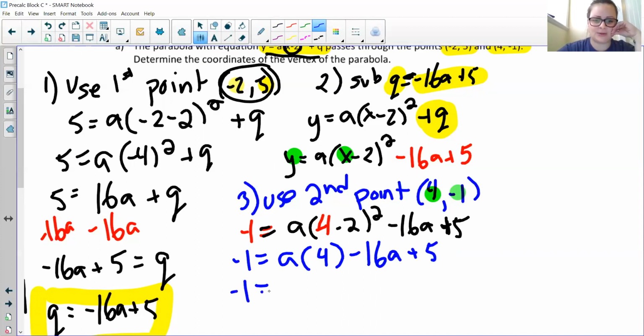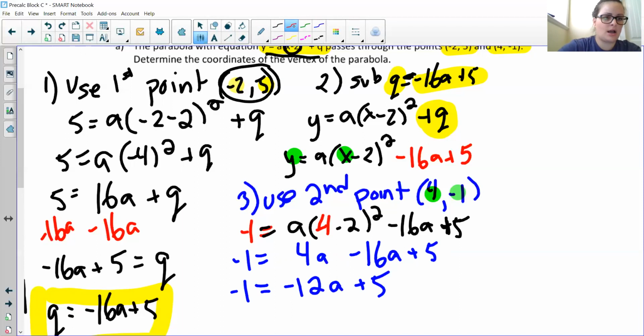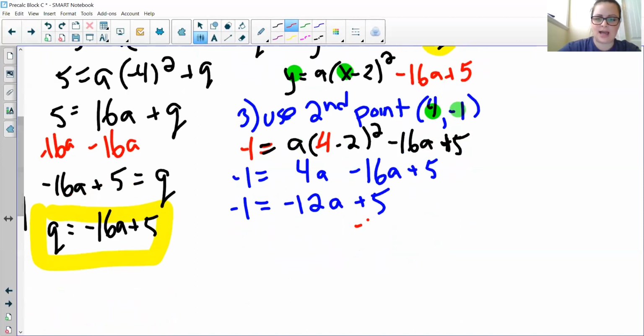So negative 1 equals, we have 4a, so I could have rewritten this as 4a, and I'm subtracting 16a, so I have a total of negative 12a plus 5. I'm now going to subtract 5 from both sides, so I get negative 6 equals negative 12a.